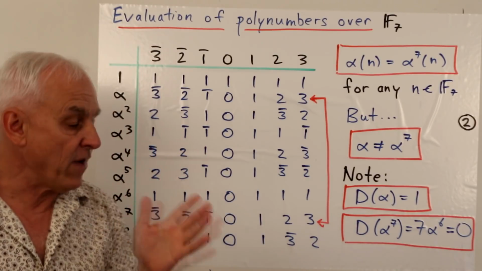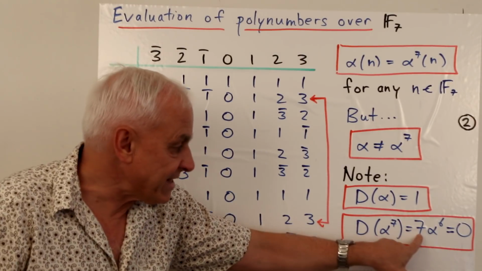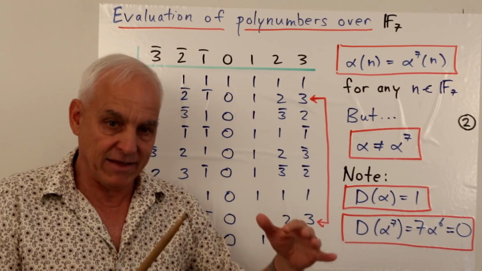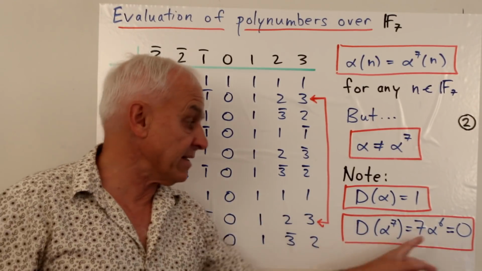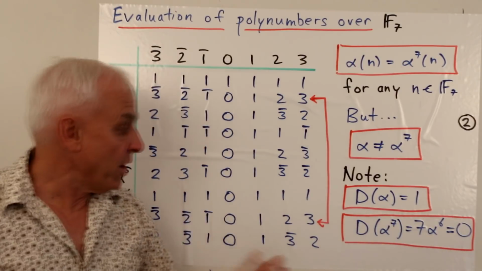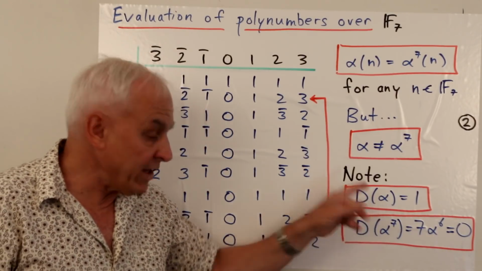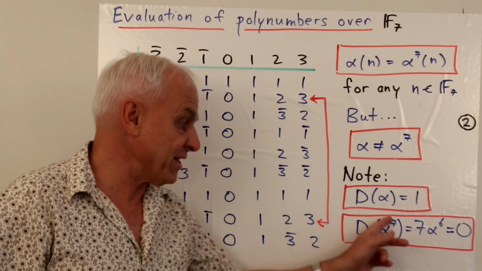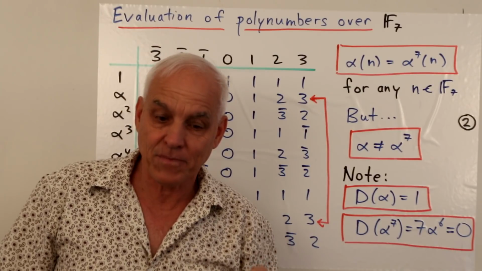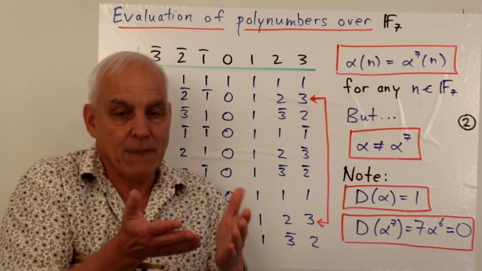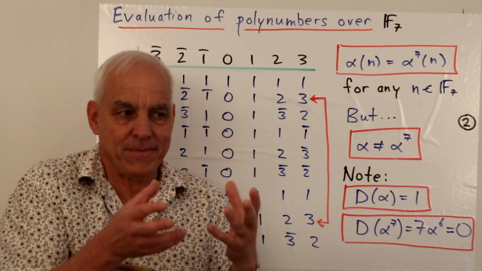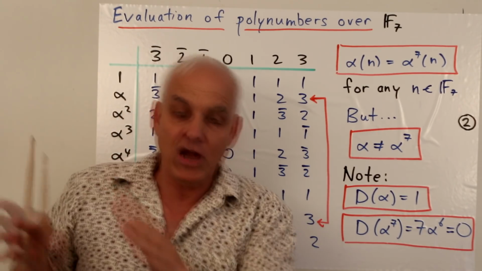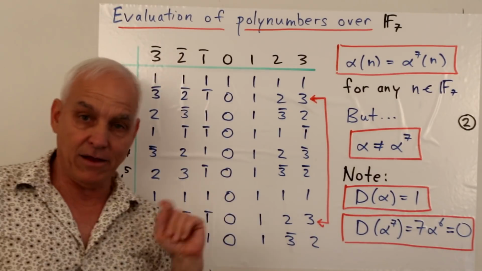Now in this finite field, having a 7 out front means that you have 7 of these things, and 7 of anything is the same as 0 of anything. So this is 0. Notably, the derivative of the polynumber alpha is 1, while the derivative of alpha to the 7 is 0. So when it comes to differentiation, the calculus wants to work at the level of polynumbers, not at the level of function values.